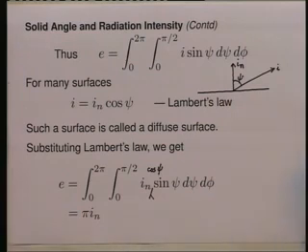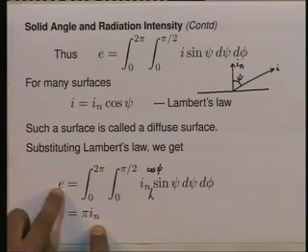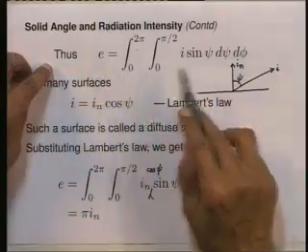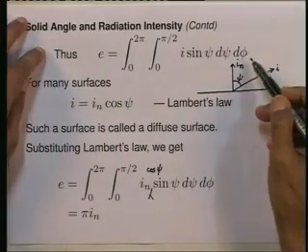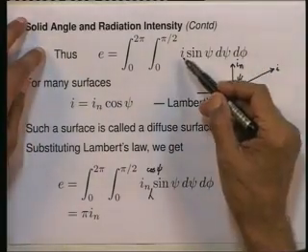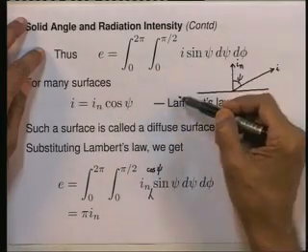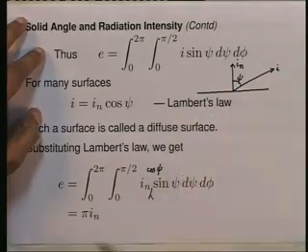So we have a nice, simple relationship between the emissive power of a surface and the intensity in the normal direction. Let me repeat. First, we had a general expression for E: E is equal to the double integral of I sin psi d psi d phi. Lambert's law relates the intensity in any direction to the normal intensity. Substituting Lambert's law, that is, assuming the surface is diffuse, and performing the integration, we get E is equal to pi times I n.